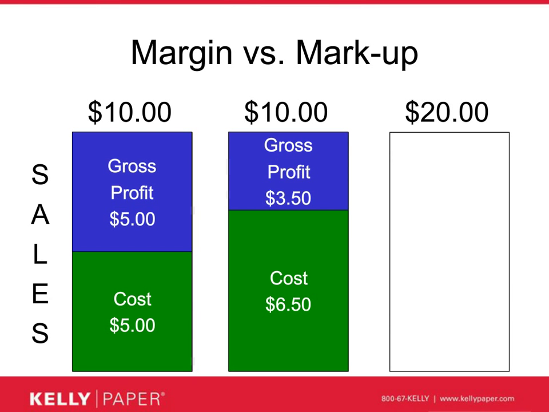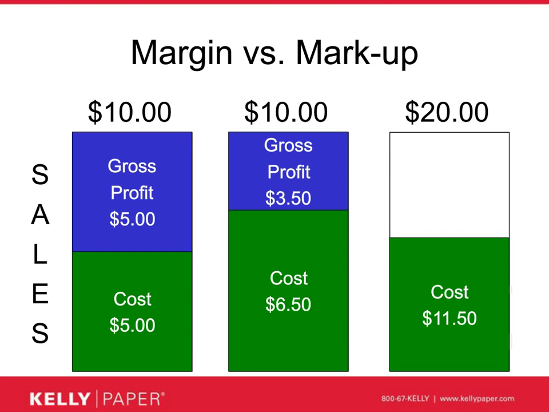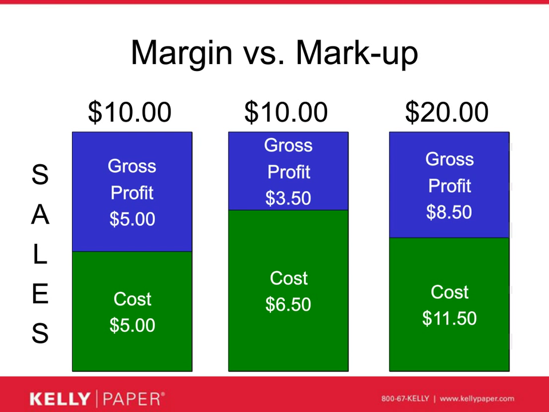This illustration combines the 2 previous examples. If we have 2 products both selling at $10, we can see that the combined sale is $20, with a cost of $11.50. Our gross profit then becomes $8.50.